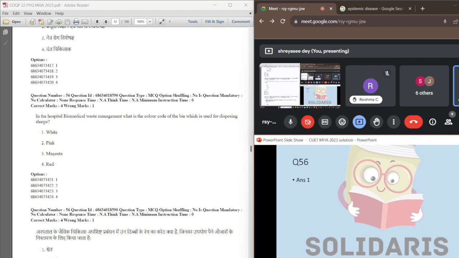Red is for the blood or infected body fluid, infected plastic waste. There is another dustbin that is yellow. Yellow is for infected linen, infected cotton, gauze, body parts, blood, urine, those. And the dry waste that is not infected goes inside the black bucket, black dustbin, you can say.